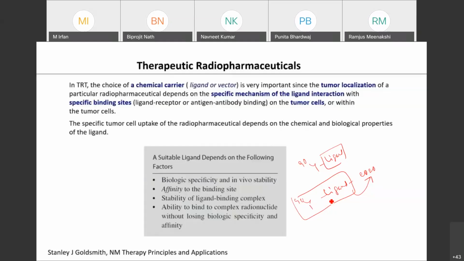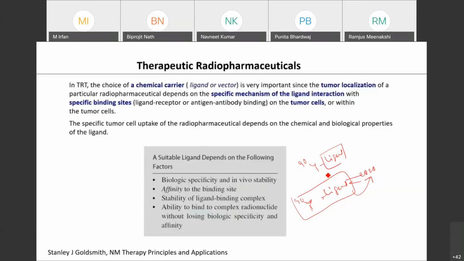So when your ligand is alone, it is very free to go and do its job. But once you ligate this ligand to some radiometal, there is a bond formation between the radiometal and the ligand, and this bond can in some stereochemical way inhibit the formation of the bond between ligand and CD20, and in some ways this yttrium-90 can disrupt the ligand from binding over there.